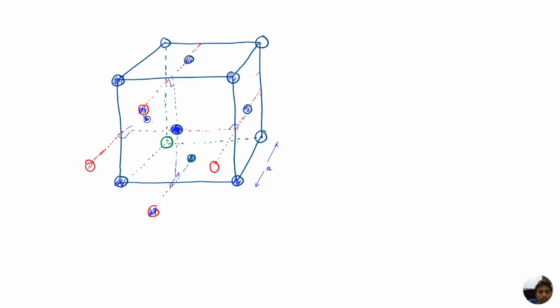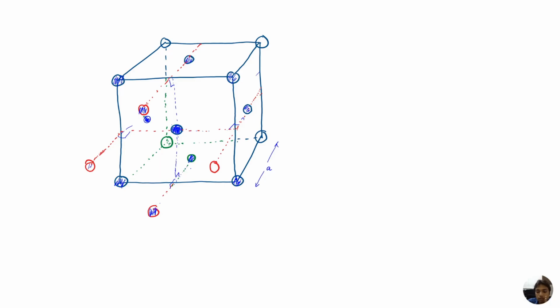So basically, this has four neighboring atoms on this plane, four on the top, and four on the down. So four on the top, four on the down, four on the plane of that point, so a total of 12.